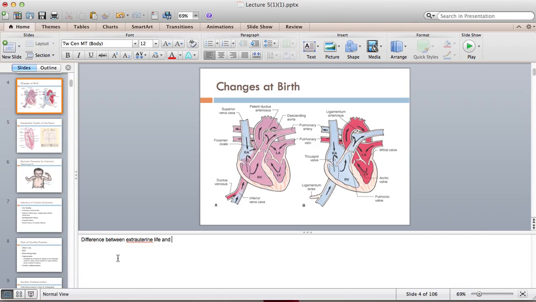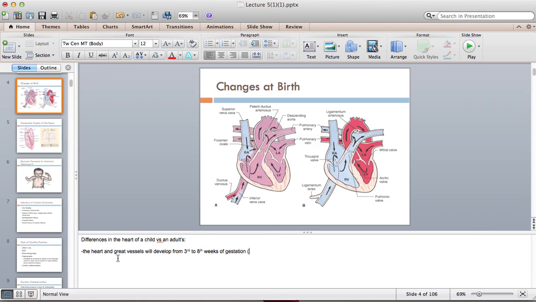But before I go there, I just want to point out to you the differences in the heart of the child versus adult. As with any other thing that is developing, the heart and the great vessels will start developing from the 3rd to 8th weeks of gestation.